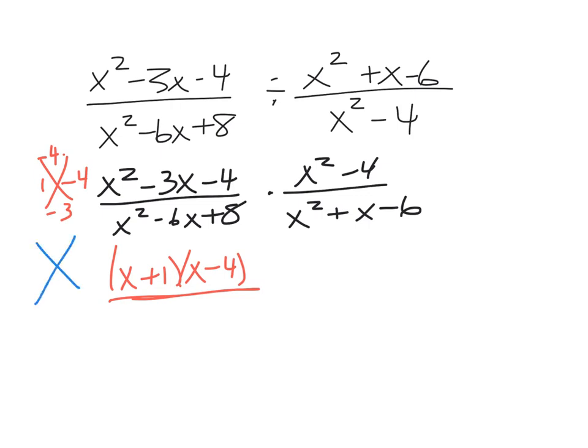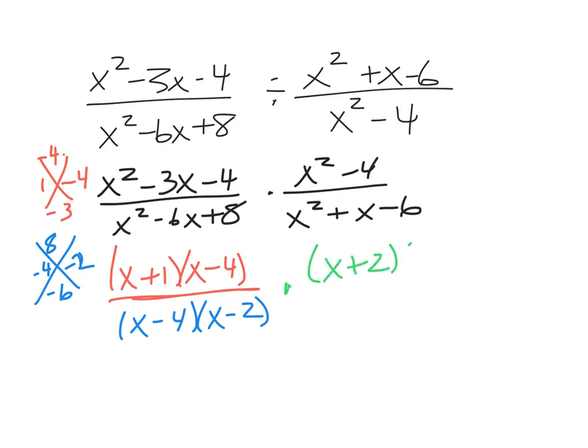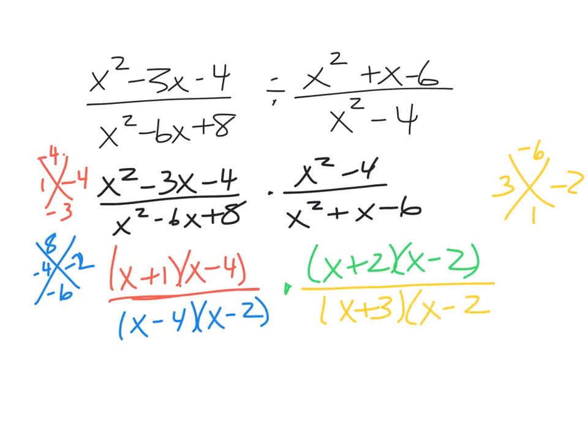What two numbers multiply to 8 and add to negative 6? That would be negative 4, negative 2. Times difference of squares, x plus 2, x minus 2. And the last one is another x. What multiplies to negative 6 and adds to 1? That's going to be 3 and negative 2.